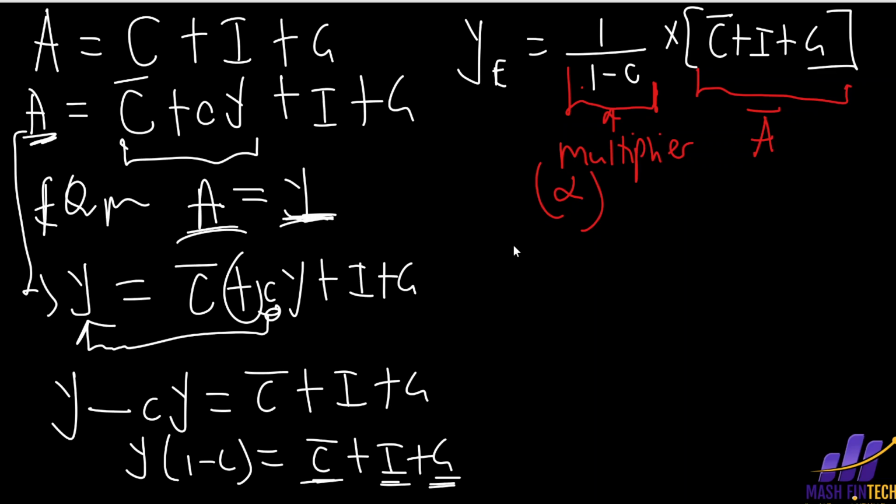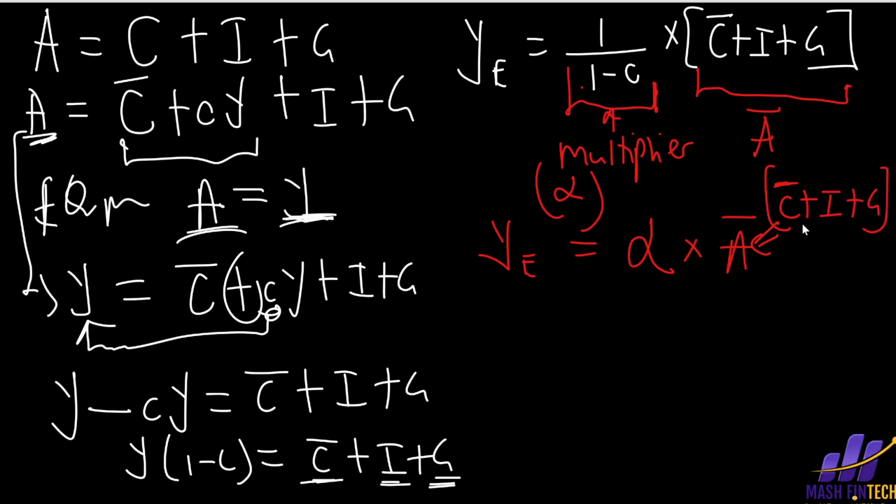So like before, the equilibrium level of income should always be the multiplier multiplied by total autonomous expenditure. In our case, total autonomous expenditure is not just C bar plus I, but now there is a G. But the multiplier is the same because the government we added is autonomous, so that does not affect the multiplier.